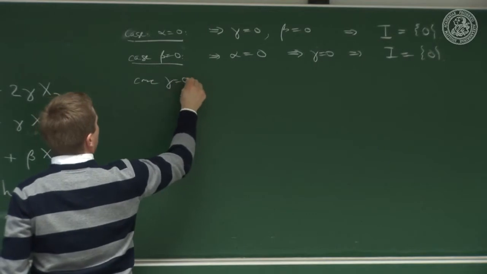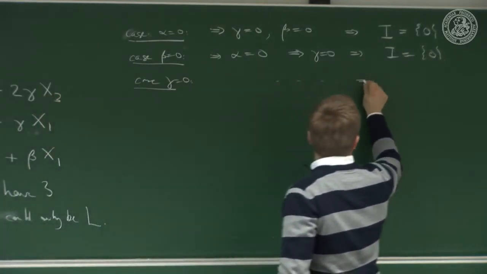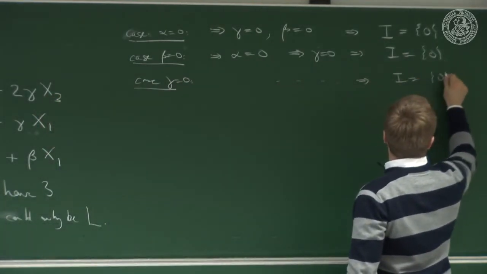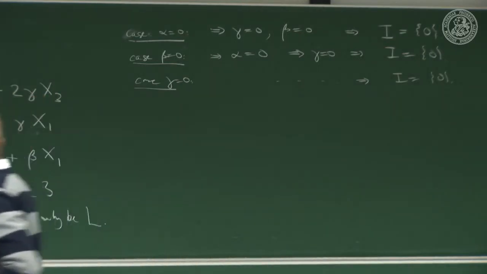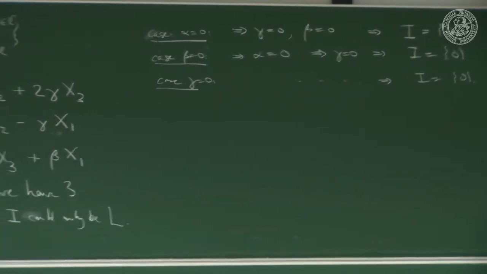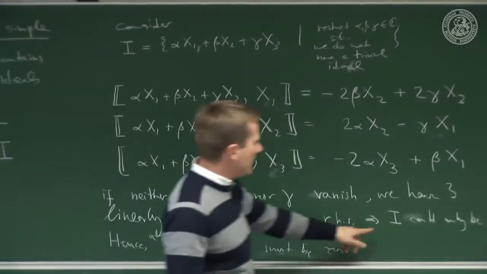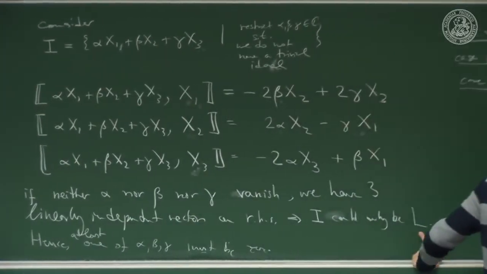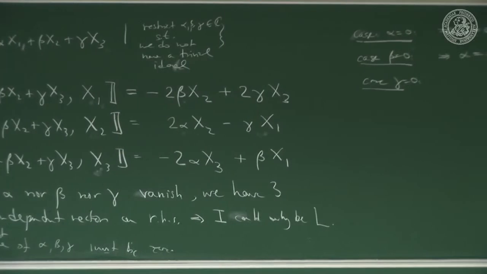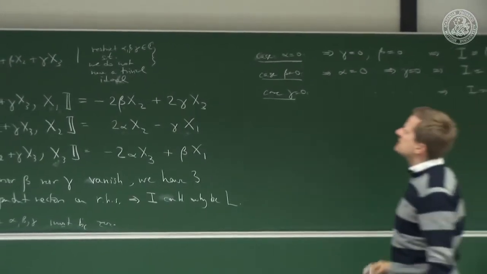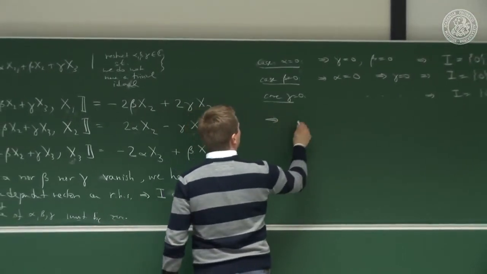With the same result, I is trivial. And the last case, well, that's too boring to go through. It's exactly the same thing. I is again trivial. So the only possibilities we had, we started from here, I could be either the entire Lie algebra or it could be the zero vector space. That means there is no non-trivial ideal.